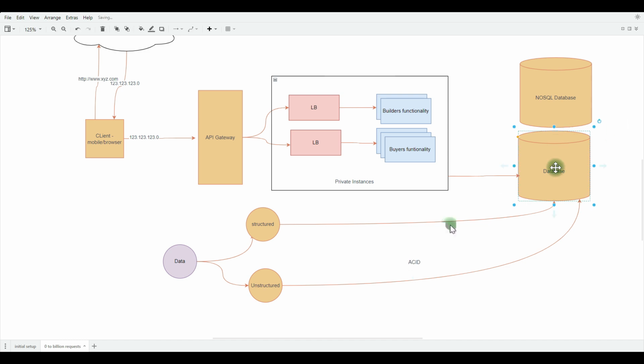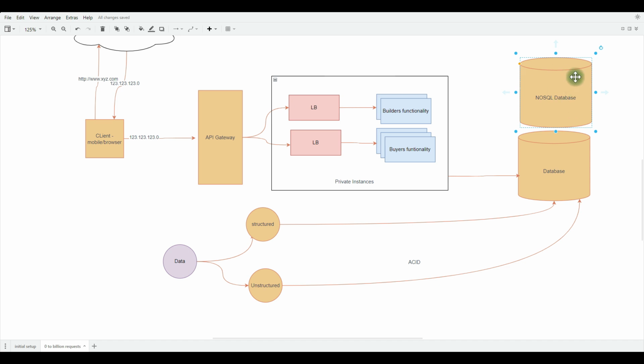RDBMS databases are compliant with this. Complex queries can be executed without any issue, and data integrity is going to be there with this kind of database. Oracle and MySQL are some examples of relational databases. A NoSQL database example is MongoDB.